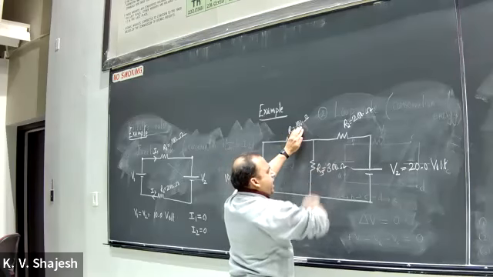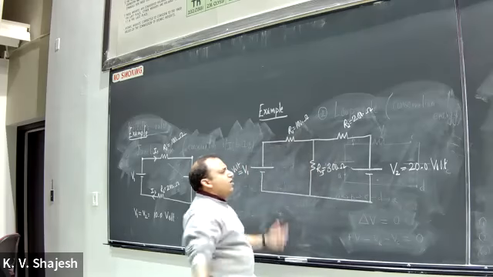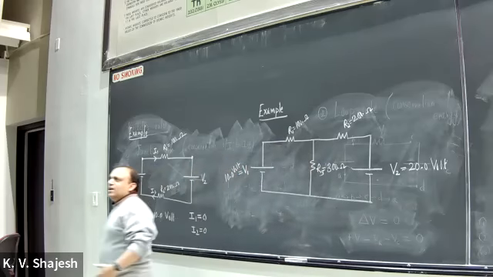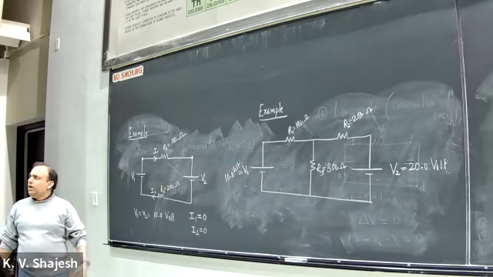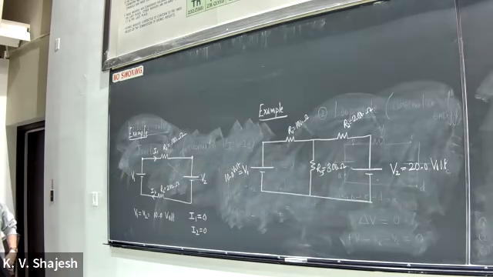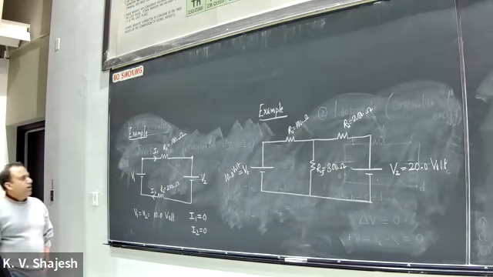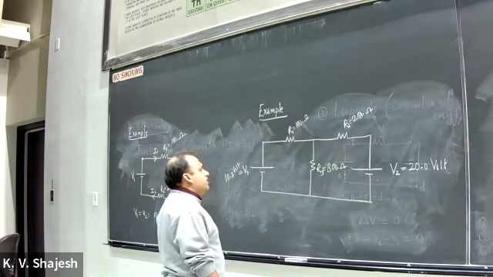These two are not in parallel because there is a voltage attached here. So none of them are in parallel, none of them are in series. So it is not very useful to analyze it using series and parallel. Instead we will use the loop rule and junction rule.